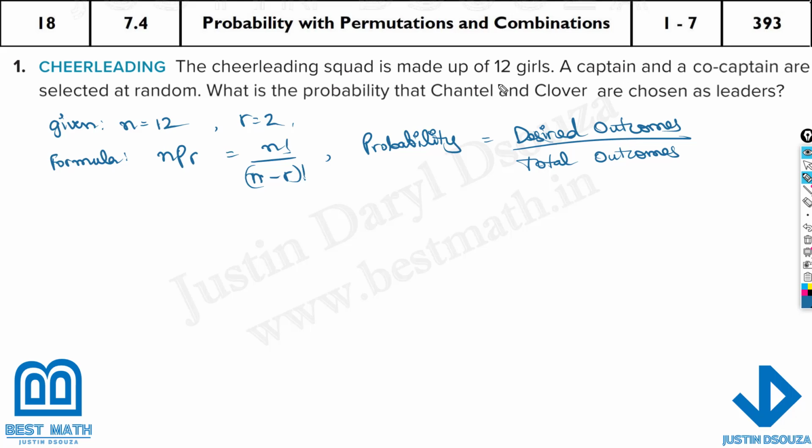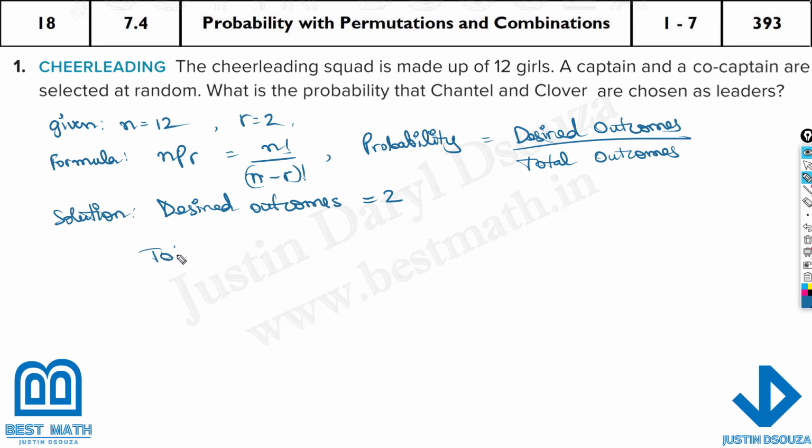So there are two possibilities. First person is captain, second one is co-captain, or the other way around. So the desired outcome, you can write it as solution: the desired outcomes is 2. Why? Because it's either captain, co-captain, or the other way around.